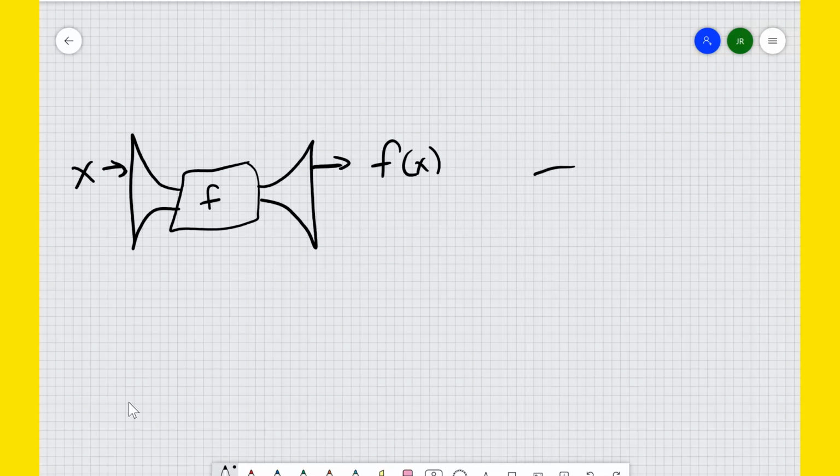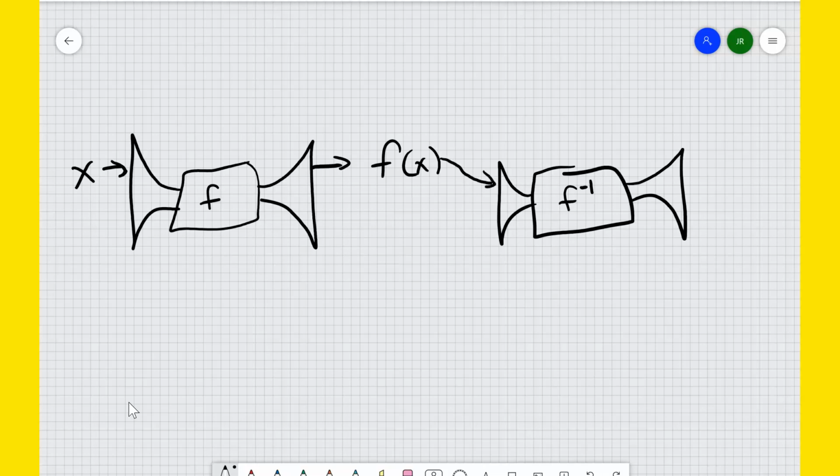Then this inverse function, let me make that a little bit better. If you take the output, what just came out of f of x, and put it into the inverse, it's going to undo what just happened, and it's going to end up back where it started. It's going to end up back being x again.